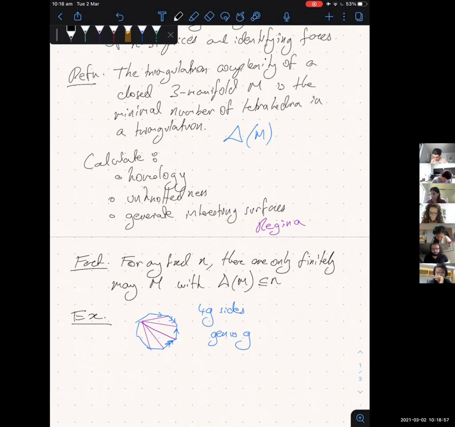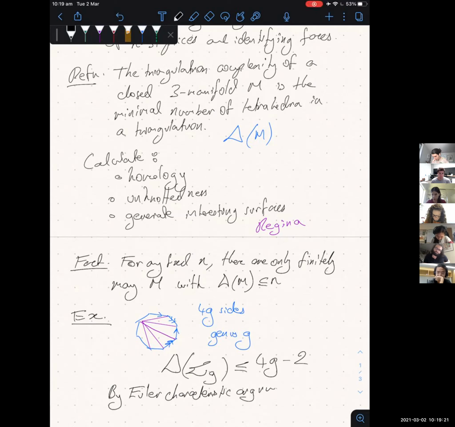So certainly the triangulation complexity of a surface of genus G is at most 4G sides minus 2 for these triangles that are hitting 2 edges. And in fact, by an Euler characteristic argument, this tells you that you must have at least 4G minus 2 triangles. So this is the best you can do.